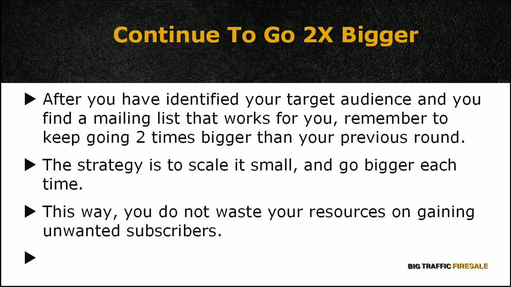Continue to do the same each round until you have accumulated your ideal list for your advertisements. But always remember to not drastically go for a huge solo ad if you're relatively new to the scene. The strategy is to scale it small and to go bigger each time. This way you don't waste your resources on gaining unwanted subscribers.